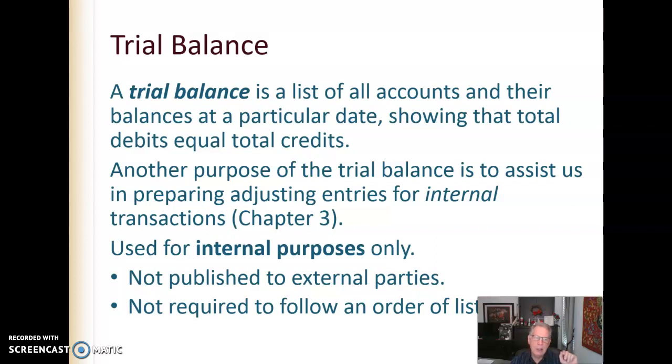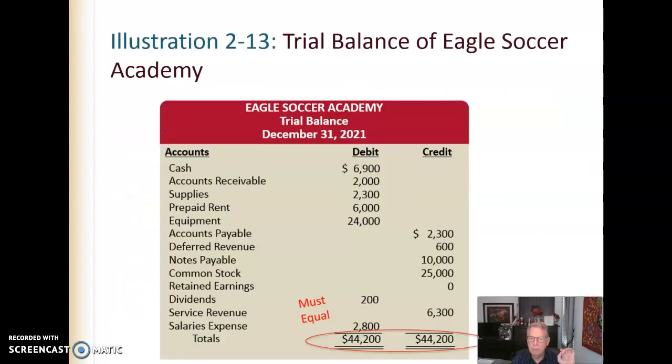It's used almost always for internal purposes only, and it's not published to outside parties. It's not required to follow an order of listing, but it usually does. It usually is listed in the order of the general ledger account numbers, which we will get to at a subsequent point in this course. So, we are checking to see the primary purpose of this trial balance is to show that the debits equal the credits.